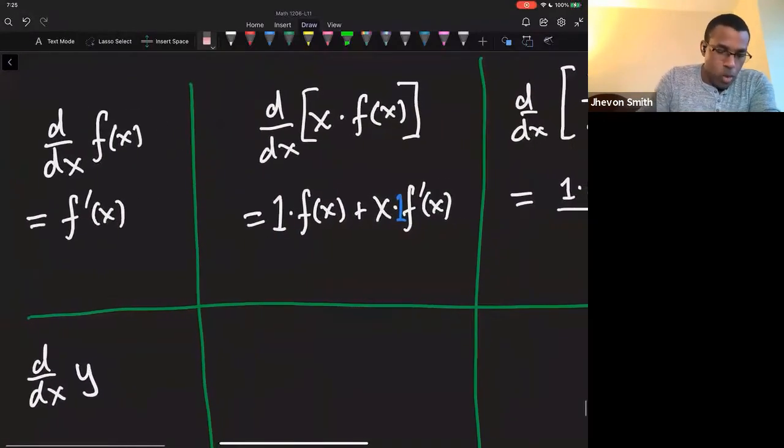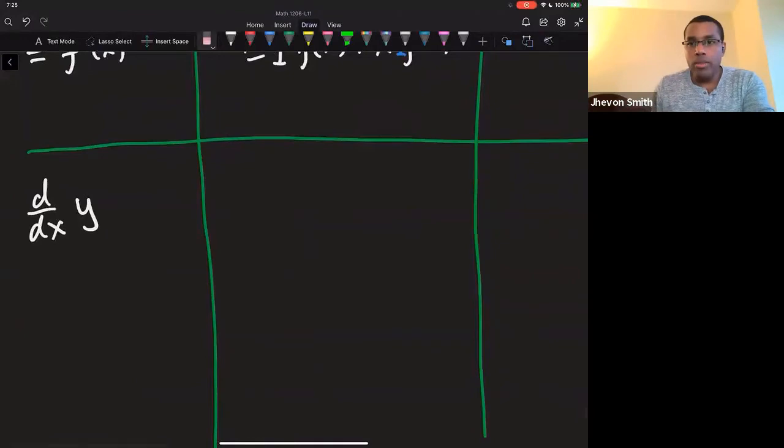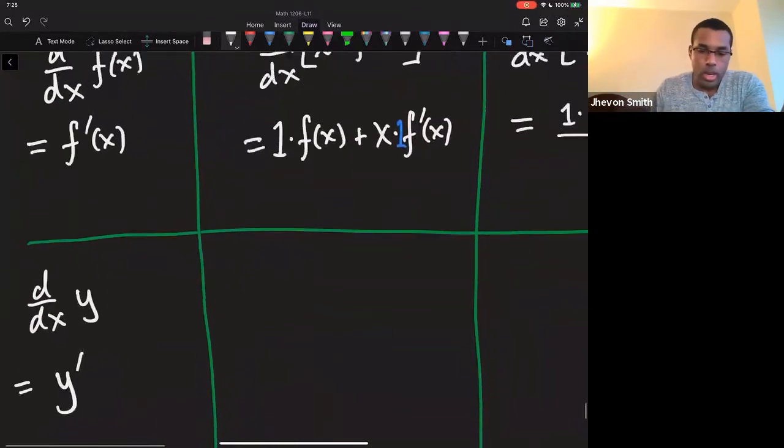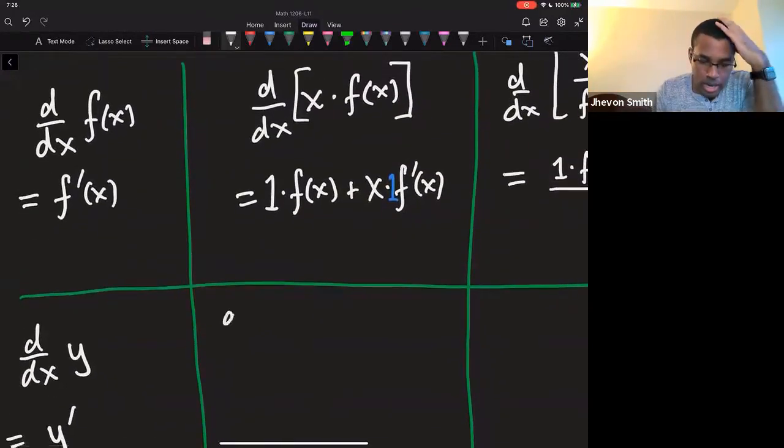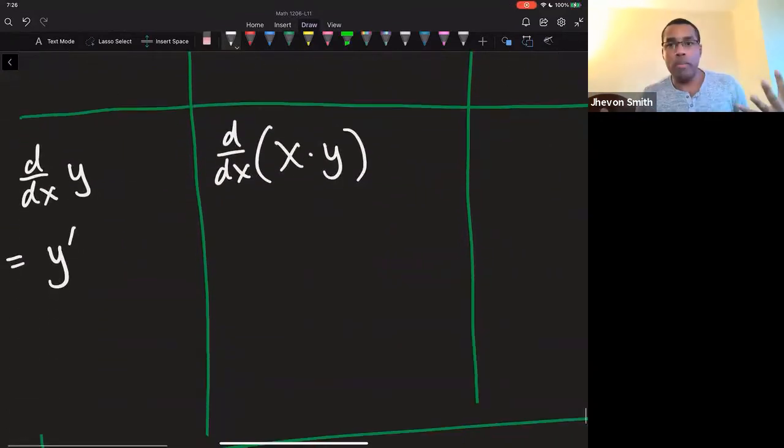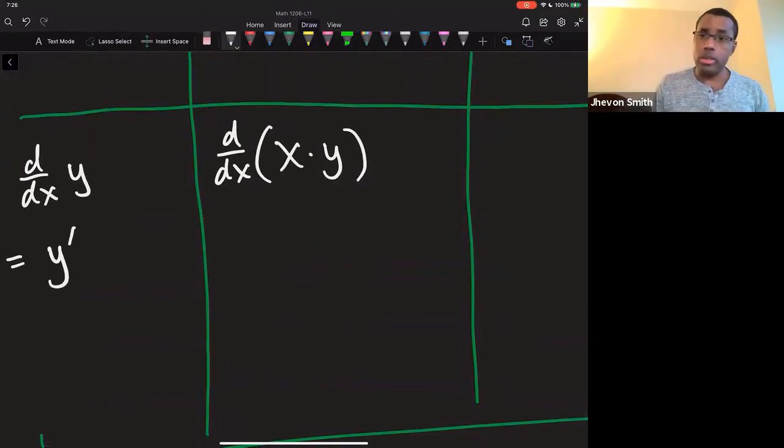So in the same way, if I had a y here, how would I differentiate the y? Well, y prime, of course, that's the derivative. Now to compare to this one, this is like if I had the derivative of x times y. So here I have my x and y mixed up. They're in fact multiplying each other. How do I differentiate that?